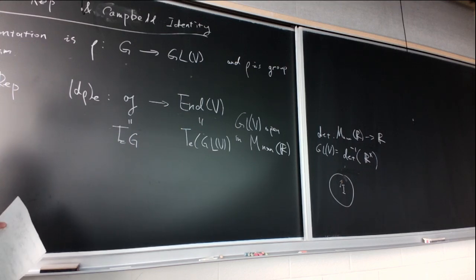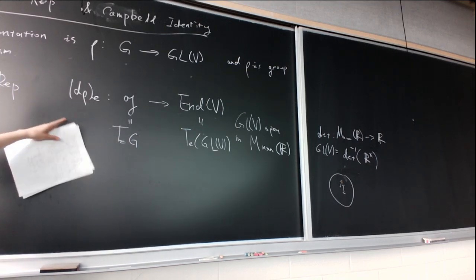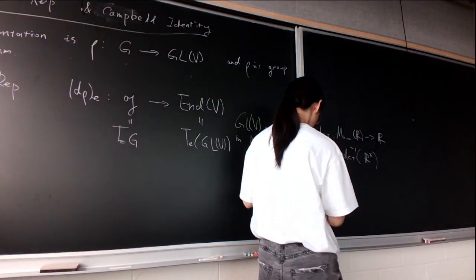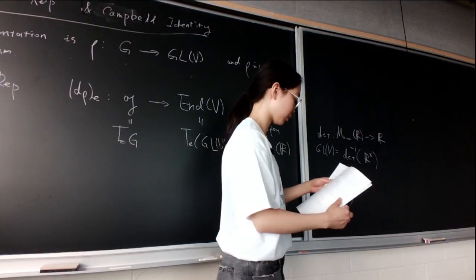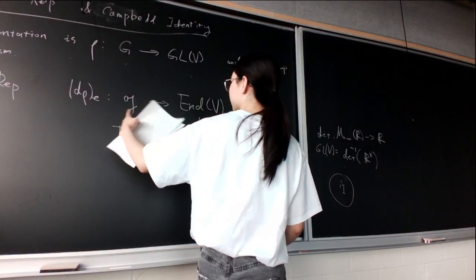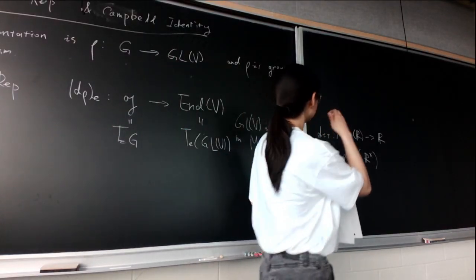Okay. We still haven't. Well, sorry. We need to recall another definition from last time, which is what does it mean for something to be a representation of a Lie algebra?